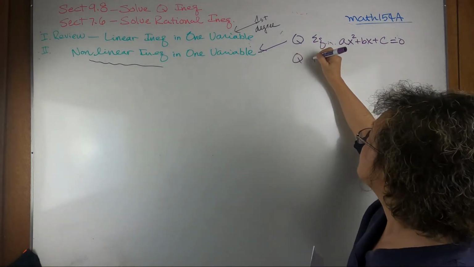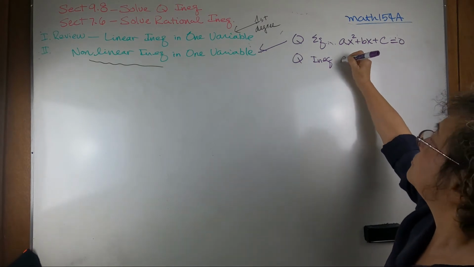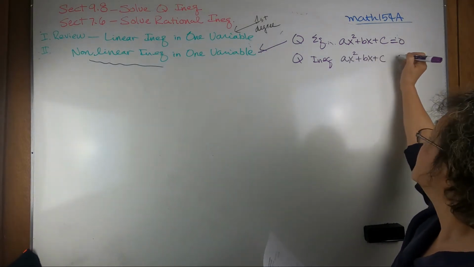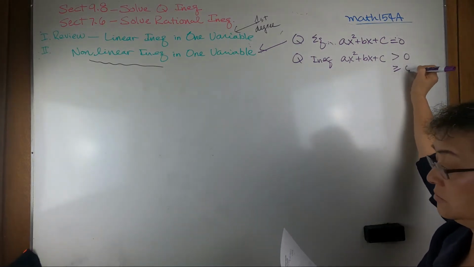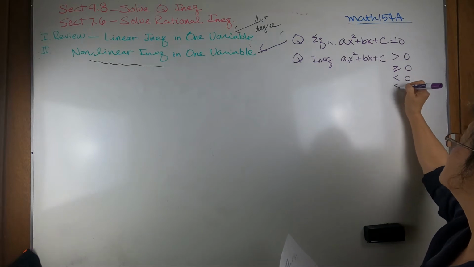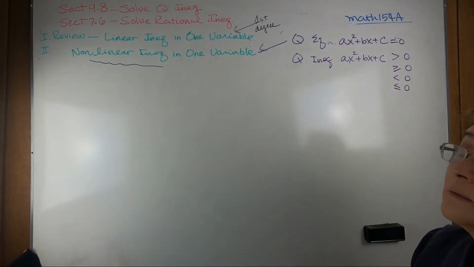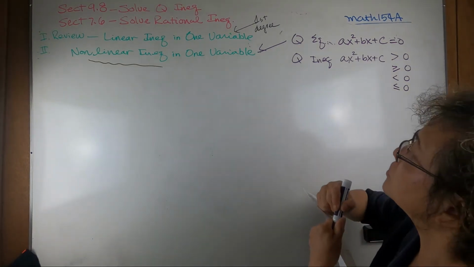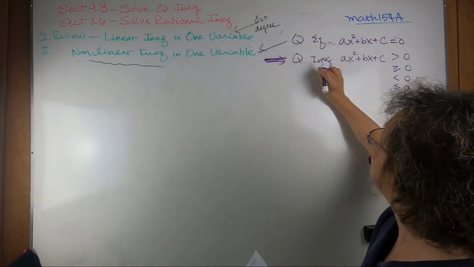Then quadratic inequalities, what do you think? That will be ax squared plus bx plus c bigger than 0, bigger than or equal to 0, or less than 0, or less than or equal to 0, right?